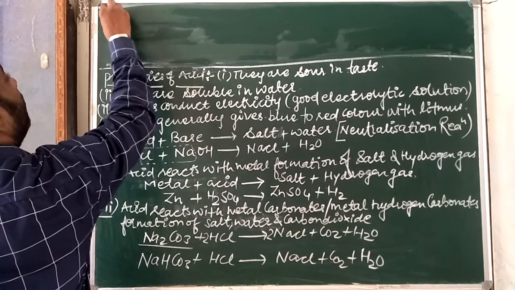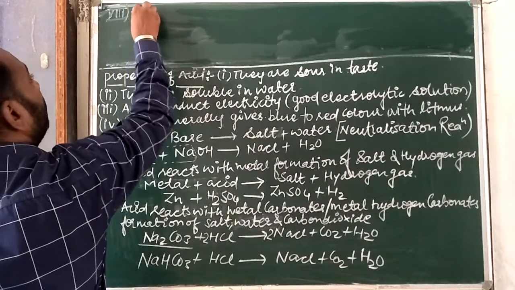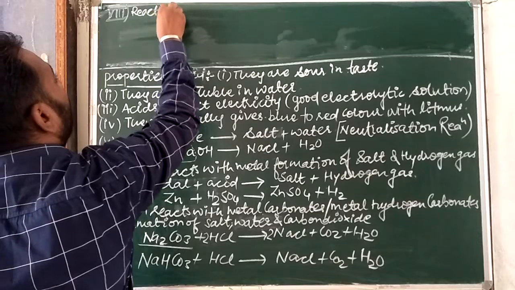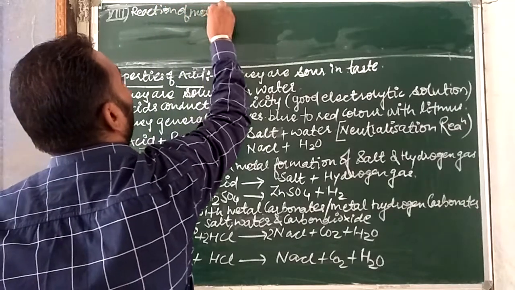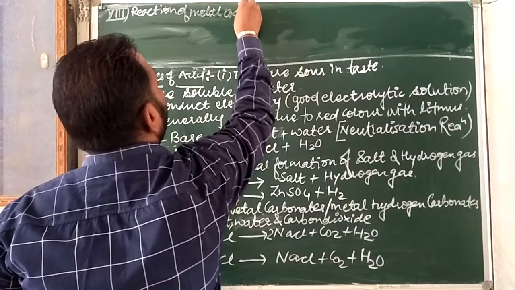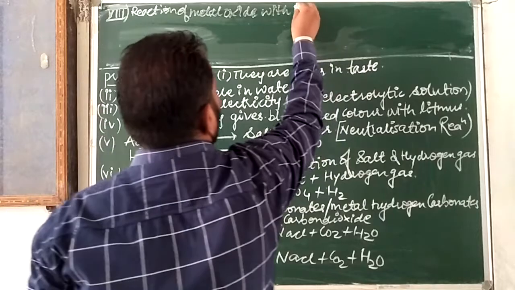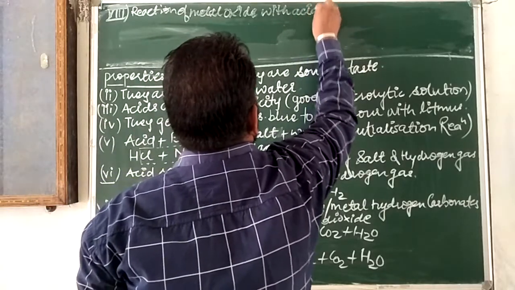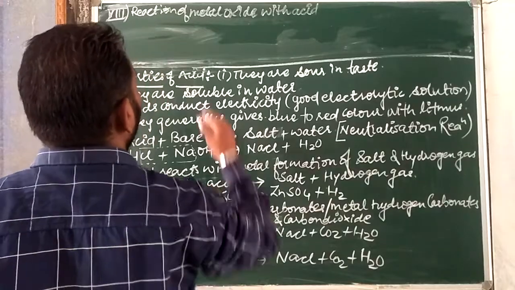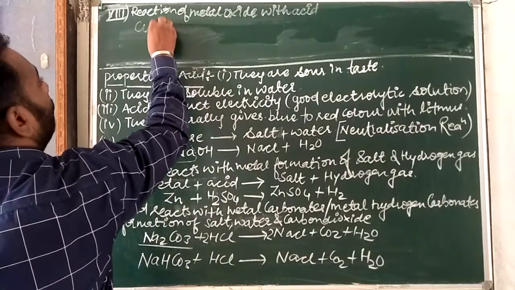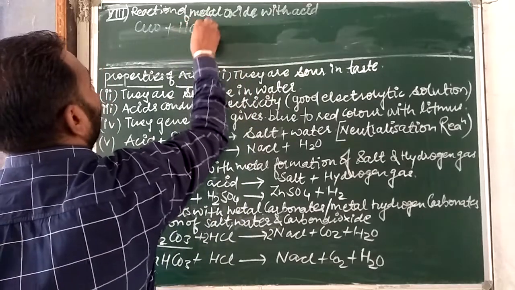This is the 8th one, reaction of metal oxide with acid. Okay, so reaction of metal oxide with acid, like metal oxide CuO plus acid HCl.